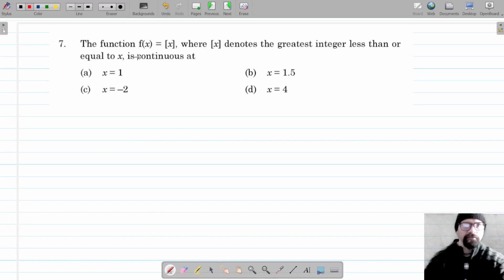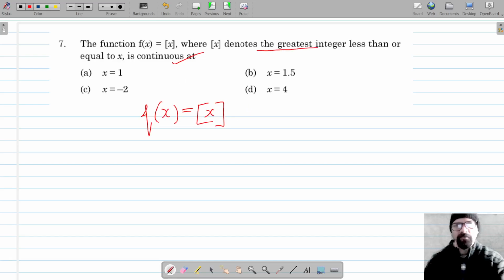For the next question, the function f of x is equal to the greatest integer less than or equal to x, written within the boxes, is continuous at. Now this function, x within the square braces, denotes the greatest integer less than or equal to x. We know that it's continuous for all non-integral values of x.